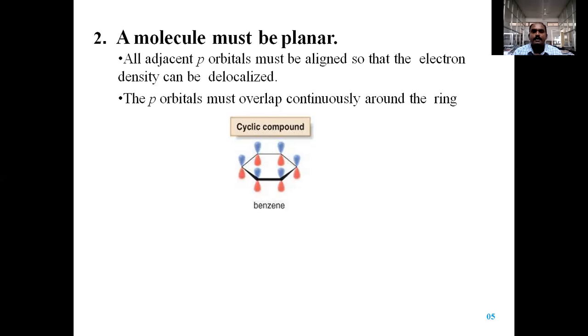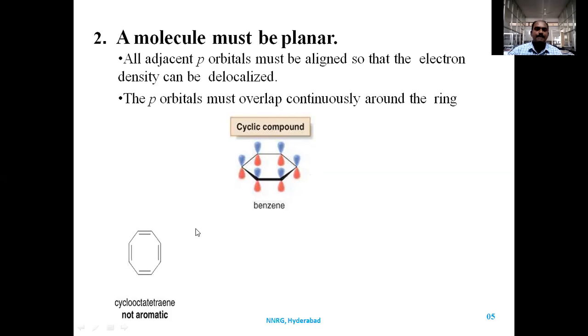So in any cyclic molecule, the p orbitals which are perpendicular to the plane of the structure should be aligned, meaning straight, such that the overlapping will be easy. The p orbitals must overlap continuously around the ring so that they can form a delocalization of electrons. The shifting of electrons from one carbon to another takes place, so an electron cloud is formed. If they are not planar, then they may not be called aromatic.